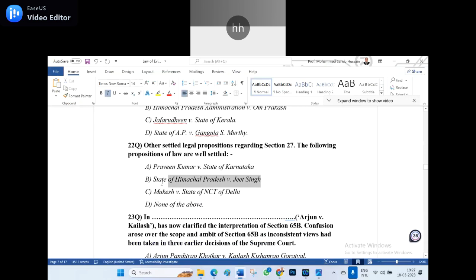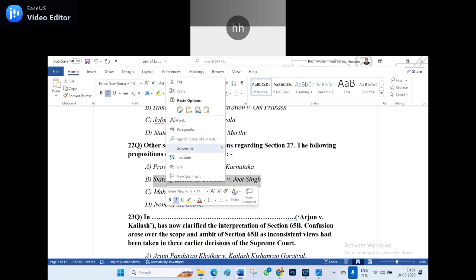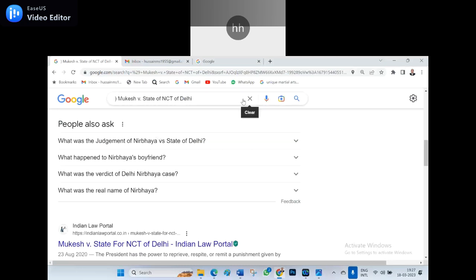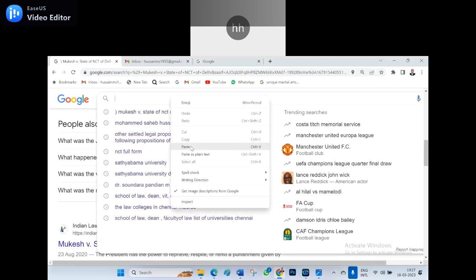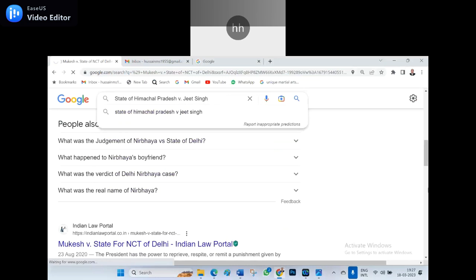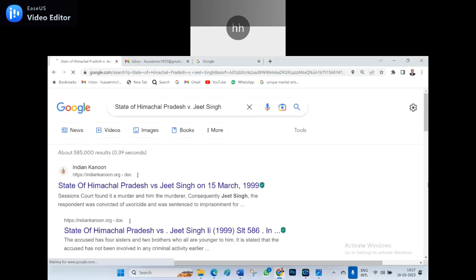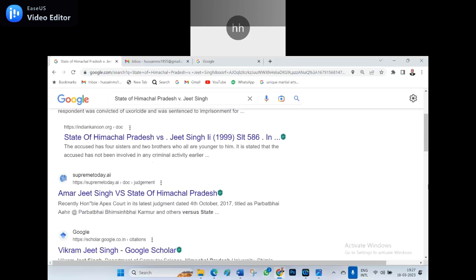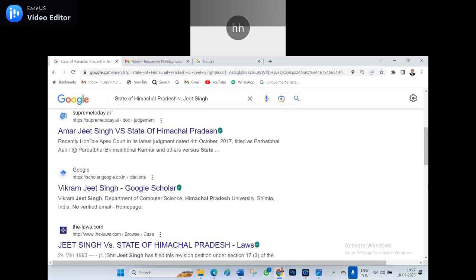Let me check with the Jit Singh case law, State of Himachal Pradesh. The session found the murderer, consequently Jit Singh, the respondent, was convicted of uxoricide and sentenced to imprisonment. No, this is also not relevant. Let us see the next.